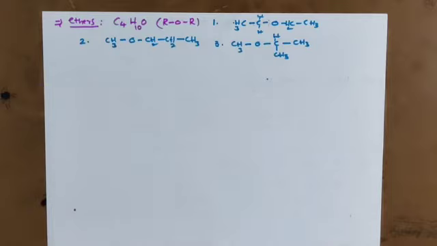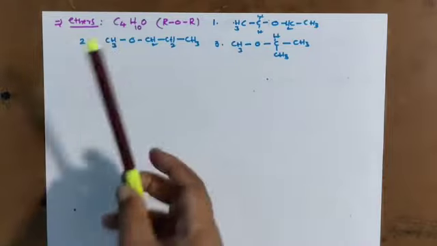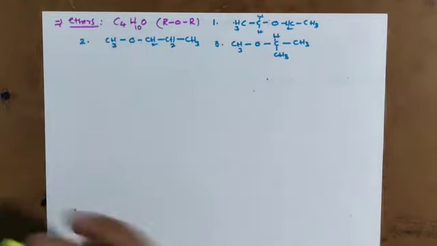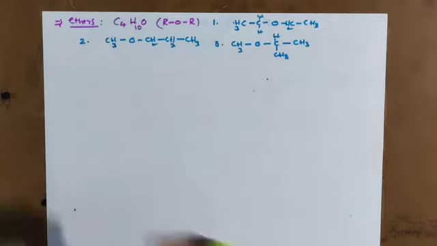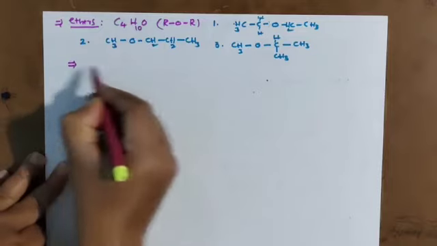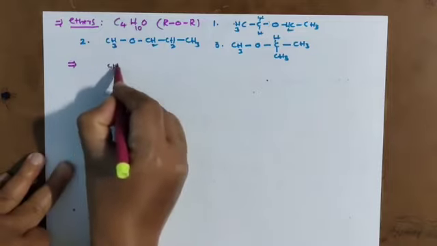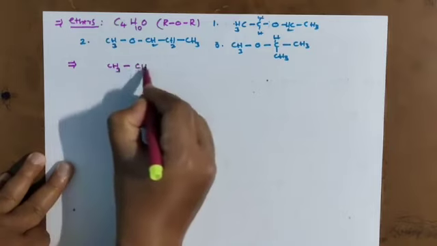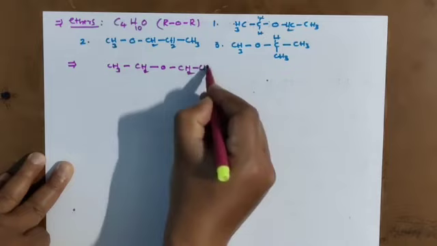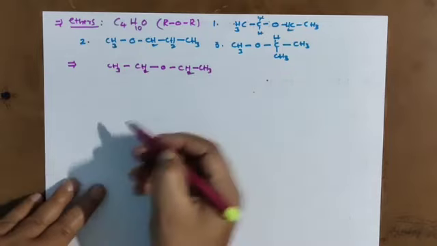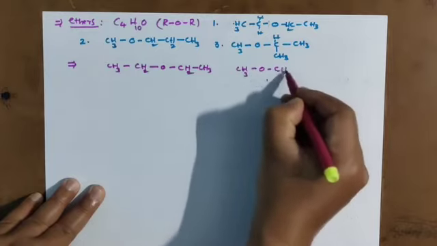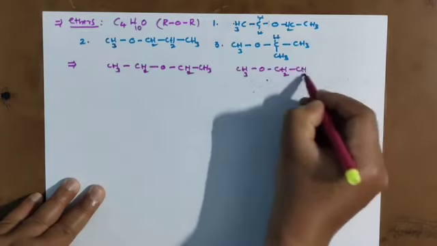Let me go on now with C4H10O ethers. Let me test what happened; I am comparing some compounds here. The first one I am drawing is CH3 bond CH2 bond O, CH2, and another I am drawing CH3O, CH2, CH2, CH3.